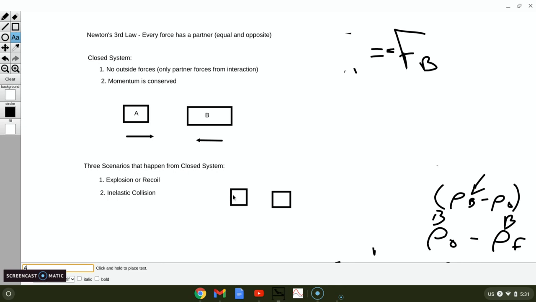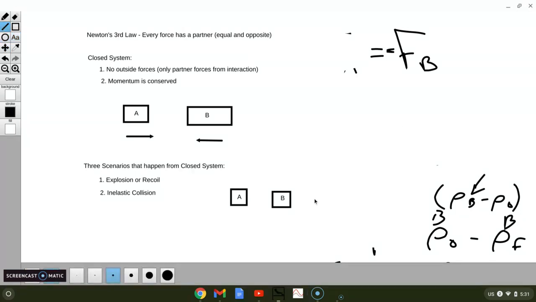They're moving independently of each other. So a couple of things can happen here. They can be moving the same direction. They can be moving towards each other in opposite directions. It really doesn't matter. But what ends up happening is after they collide, so they're apart initially, but after they collide, they stick together.